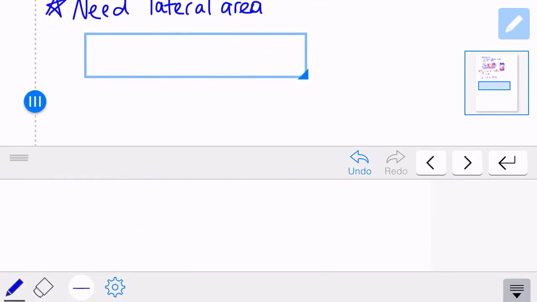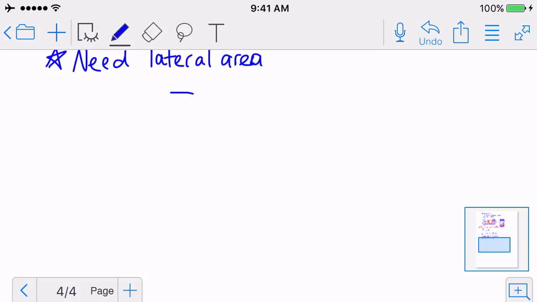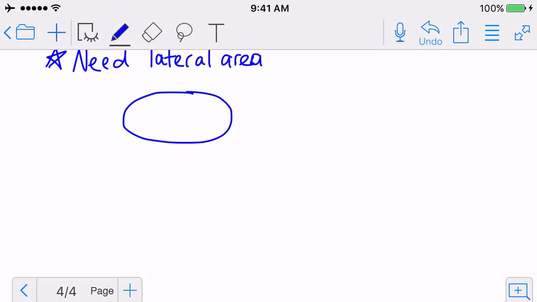So let's have a cylinder here. Let's suppose that we've got our circle here, and it comes down. We have another circle going behind.